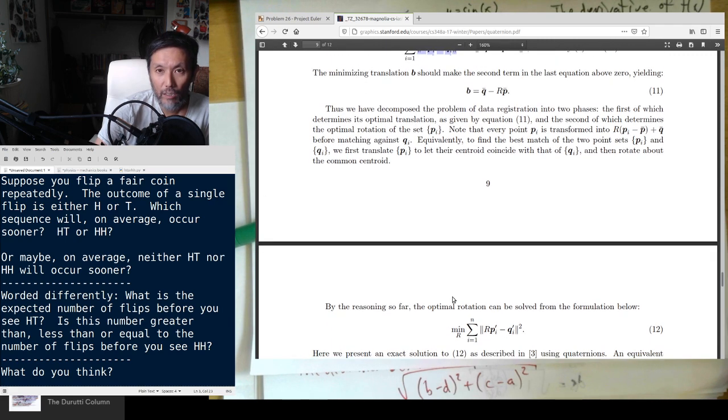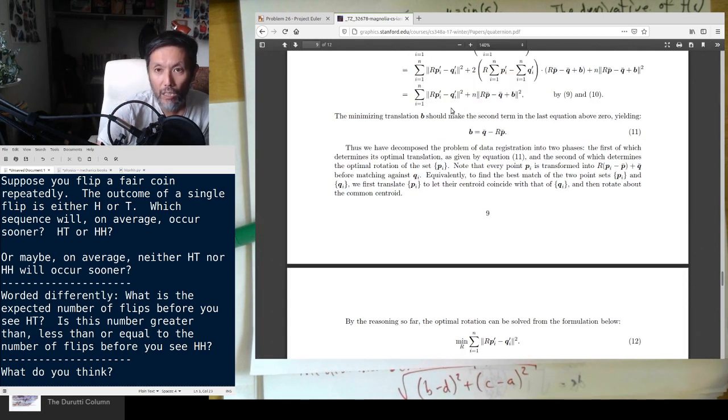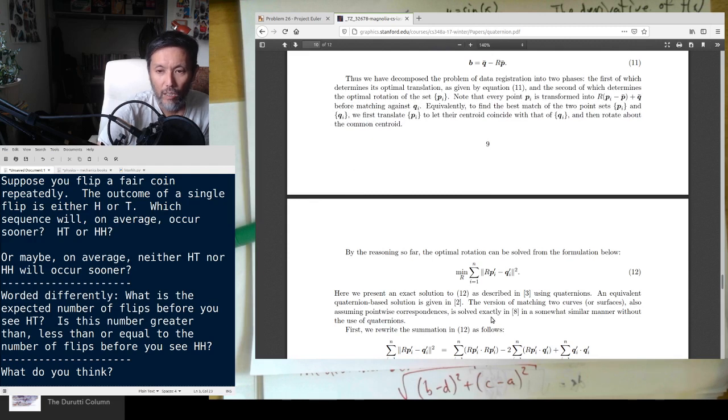Yeah, and that's essentially what they do. If you look, they're now only going to focus on this term and minimize that quantity over the set of rotations. And now I guess they're going to use quaternions.